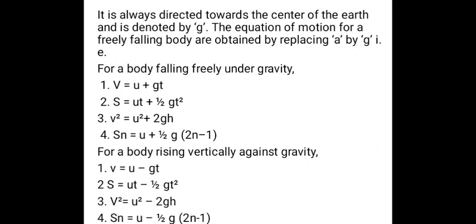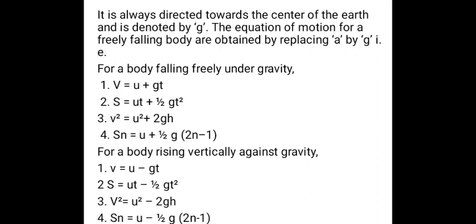The second equation s is equal to ut plus half at square, with a replaced by minus g because the body is rising against gravity, becomes s is equal to ut minus half gt square.